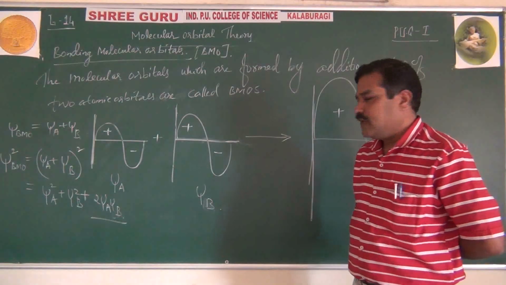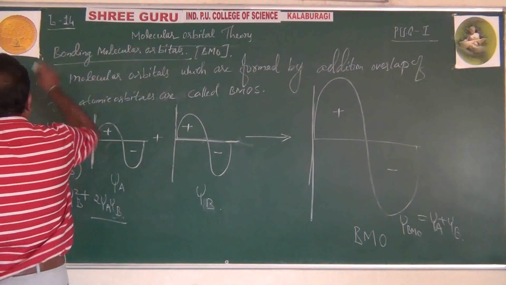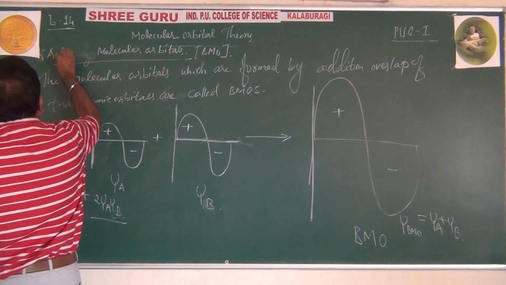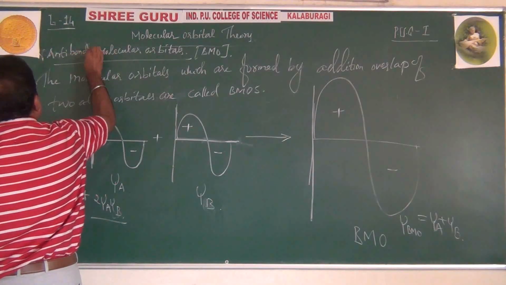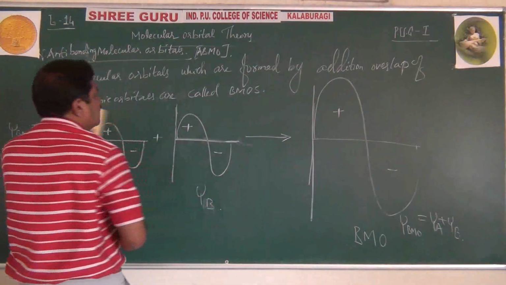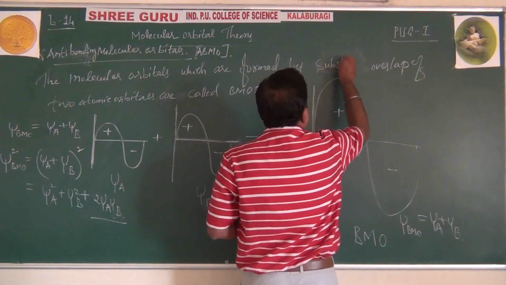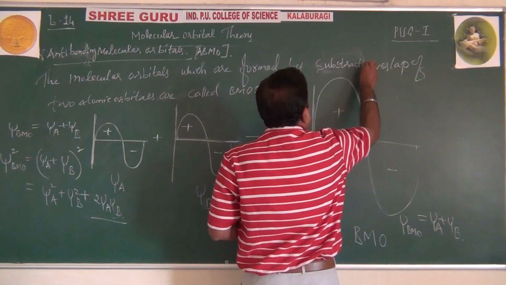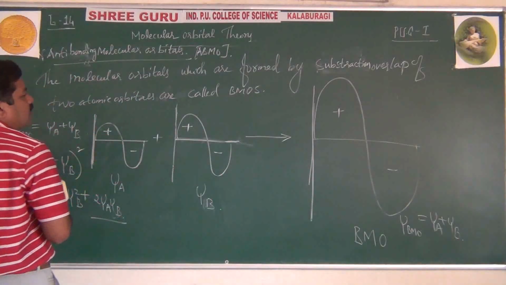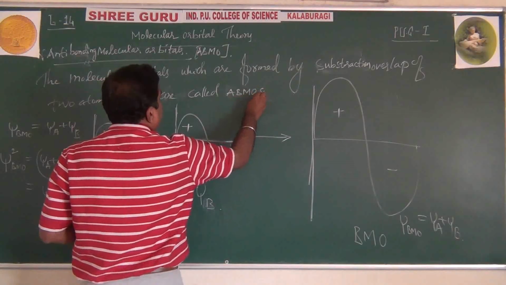Right, students? Then, what are antibonding molecular orbitals? ABMO. The molecular orbitals which are formed not by addition but now by subtraction overlap of the wave functions of two atomic orbitals are called ABMO, antibonding molecular orbitals.